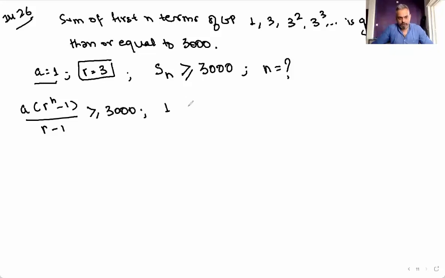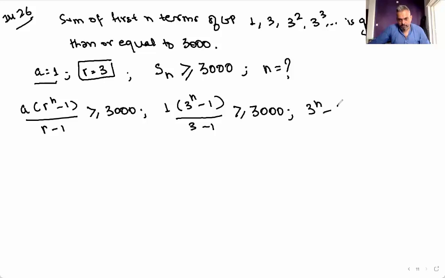A is 1 into r is 3 raised to n minus 1 upon 3 minus 1 is greater than or equal to 3000. Cross multiply: 3 minus 1 is 2, 2 into 3000 is 6000. This 1 will come on the right hand side, so 3 raised to n is greater than or equal to 6001.